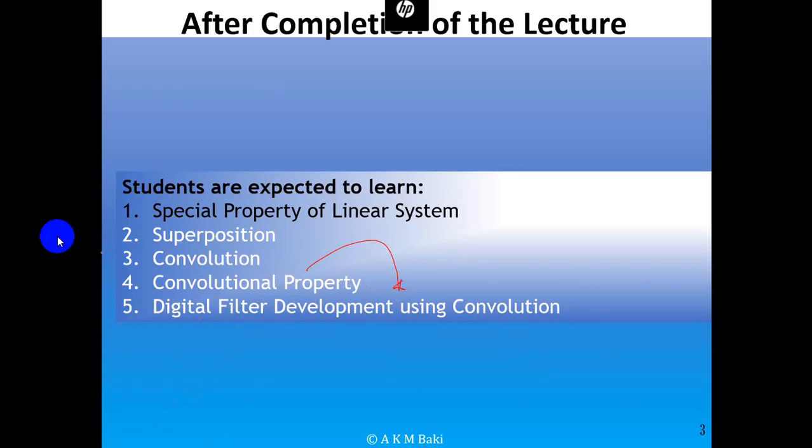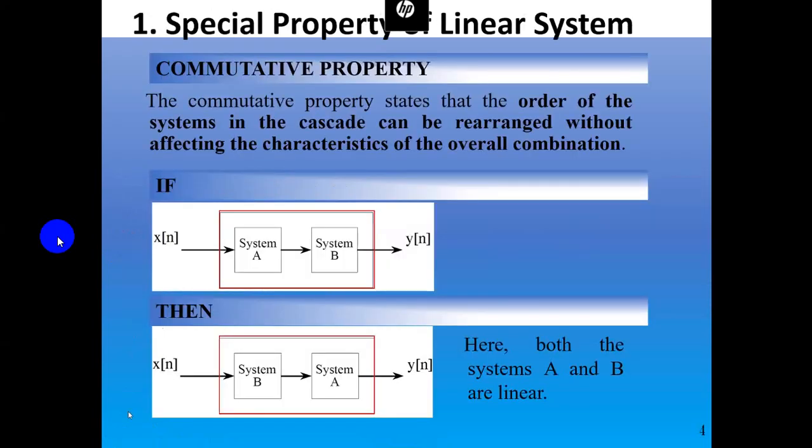So first, let us see this one, what is meant by superposition.